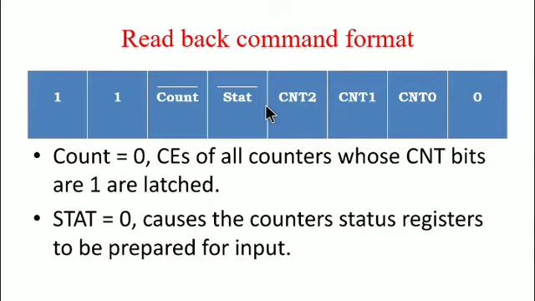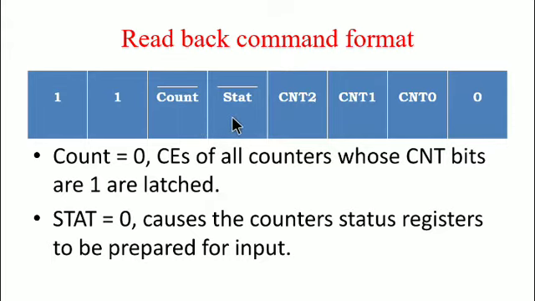The read back command is a third method. This command allows the user to check the count value, the programmed mode, the current status of the out pin, and the null count flag of the selected counters. In this command format, when D5, count bar, is equal to 0, latch the count of the selected counters.